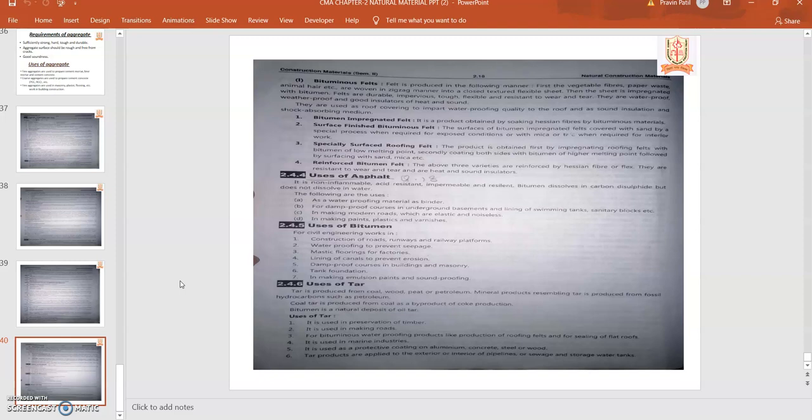The above three varieties are reinforced by a Hessian fiber or flax. They are resistant to wear and tear. So felt is produced by combining different fibers.